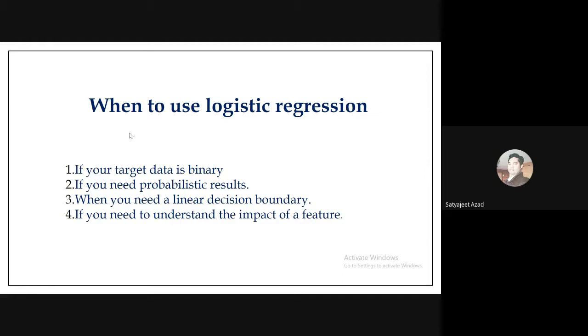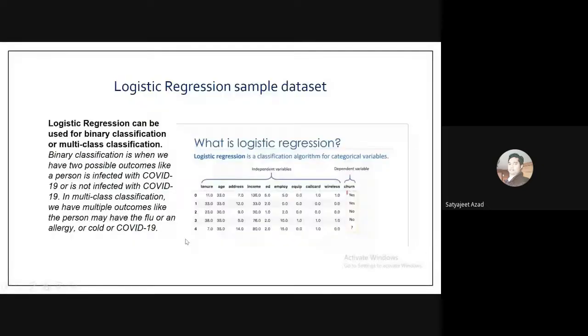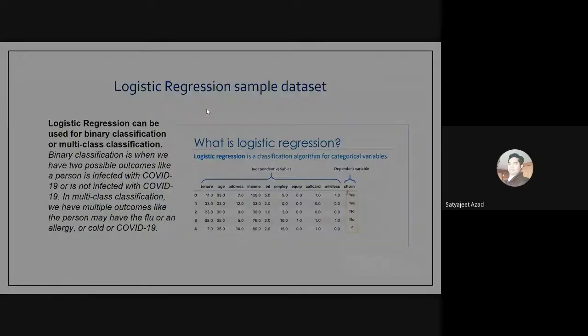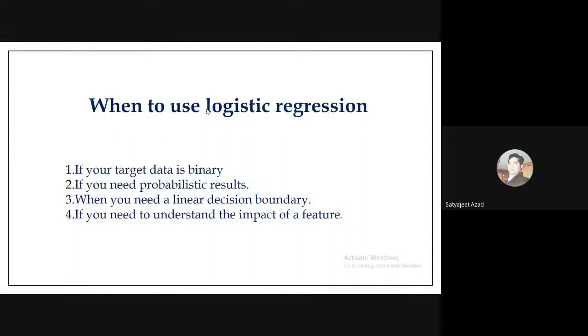There is a small difference in that. If you want to understand the impact of features on churn, in that case also you will apply logistic regression. These are some areas where you can apply it.